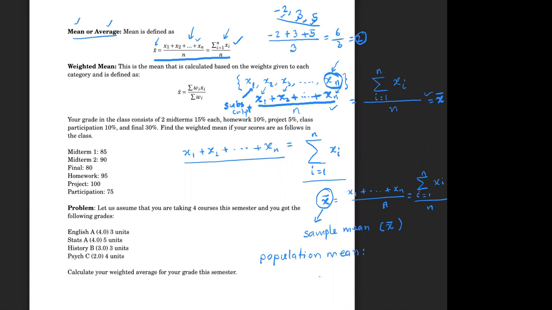It is denoted by the Greek letter mu. And there is a distinction between these two. Population mean is the average of all the items that are in the population, whereas sample mean is the average of the sample that you have collected.